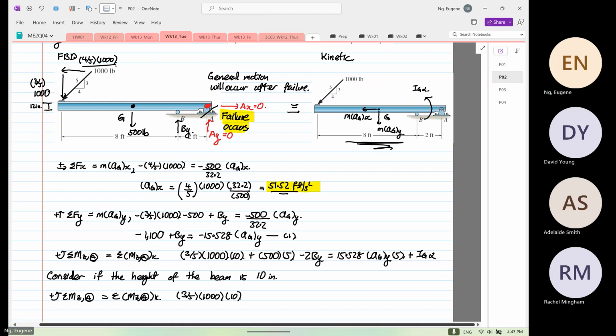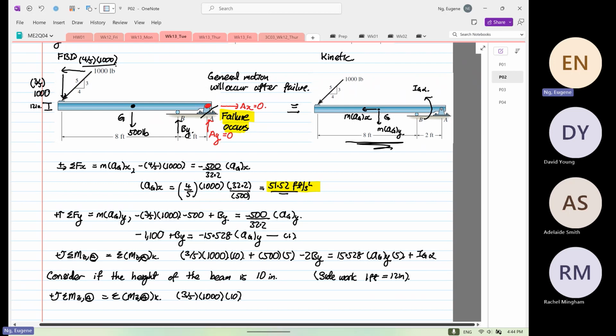Now everything is in feet. 1 foot is how many inches? 12 inches. So the side work is 1 foot here.